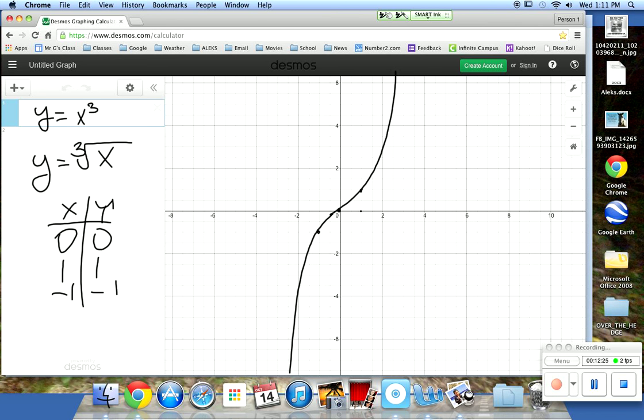Negative 1. What happens when we put 8 in here? 2. So if we go over 8, it's going to be up 2. And if we go negative 8, it's going to be negative 2. All of a sudden, our line looks like this.